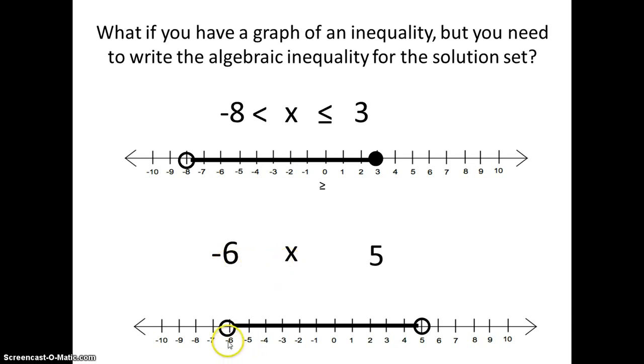You can see that -6 does not belong in the set because of the open dot, so it is not equal to x, but x is greater than, or we could say it as, well, -6 is less than x, so we'll put a less than sign there. And then we look at the relationship between x and 5, and we see that x is less than 5, and it is again not equal to 5, so we put the sign x is less than 5, and we have constructed our inequality and graphed it.